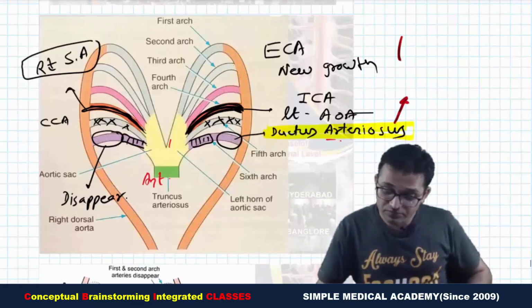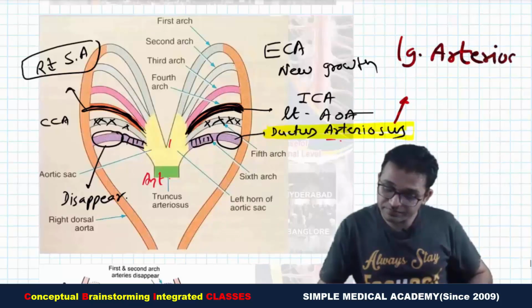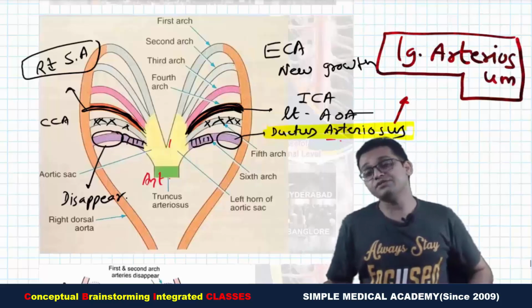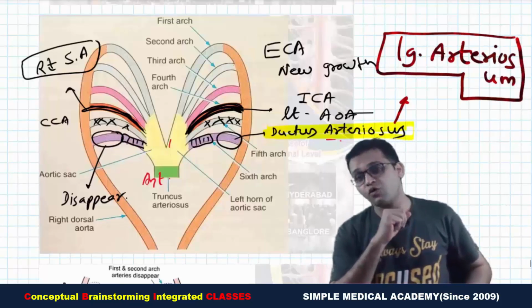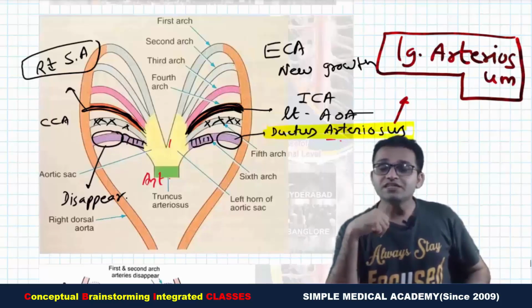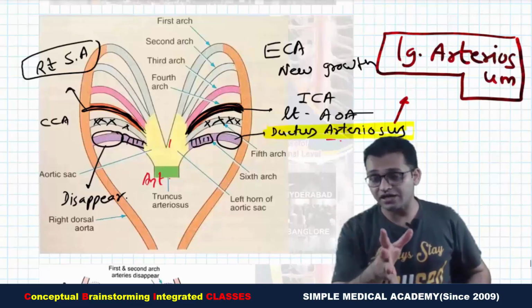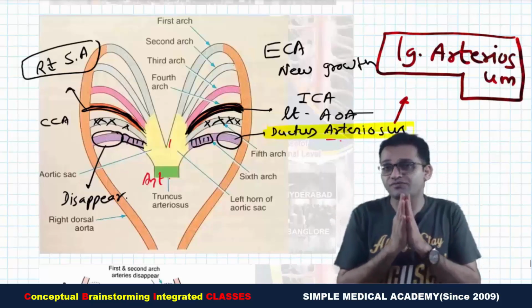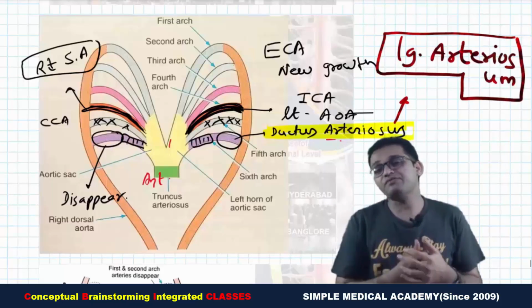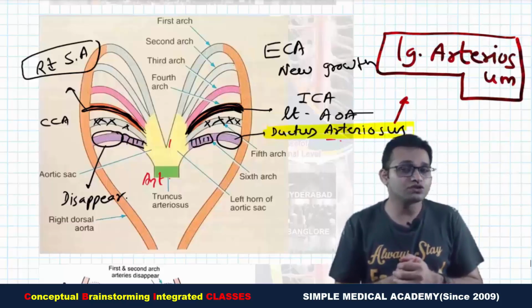It later forms the ligamentum arteriosum. If it persists, it gives a congenital heart disease problem, a pediatrics correlation, known as patent ductus arteriosus. So this is the brief about the pharyngeal arch artery, but we will understand it better in the development of the cardiovascular system.